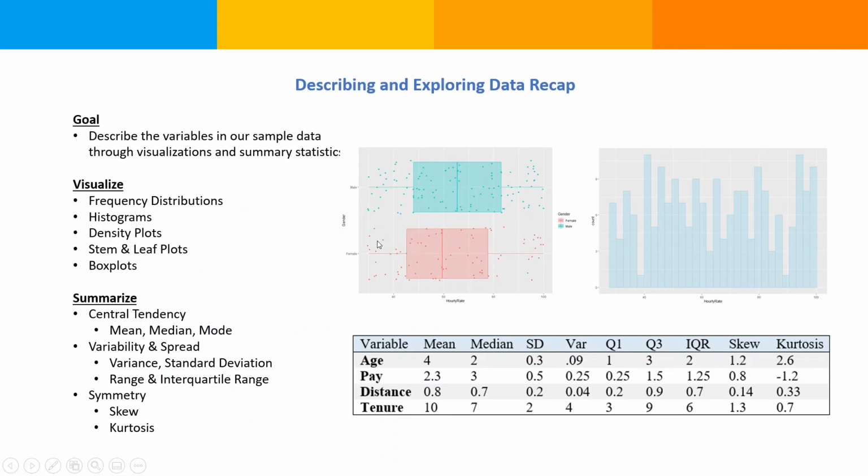So I know this is a lot, but just as a recap, our goal when we are describing and exploring data is to describe the variables in our sample data through visualizations and summary statistics. And everything that I've covered so far has been, for the most part, how to do one variable at a time. When we saw the box plots, we did see how we could look at a variable like hourly pay rate by gender levels, but we're still concentrating on one specific variable for the most part.